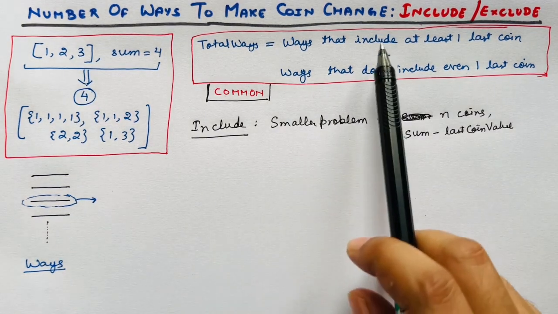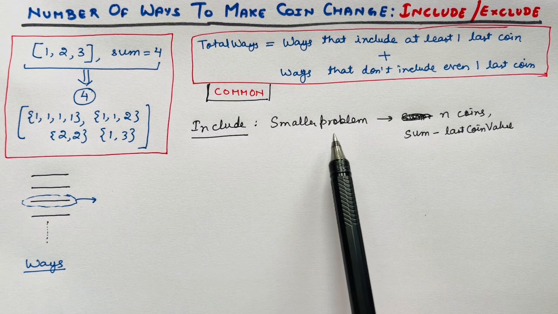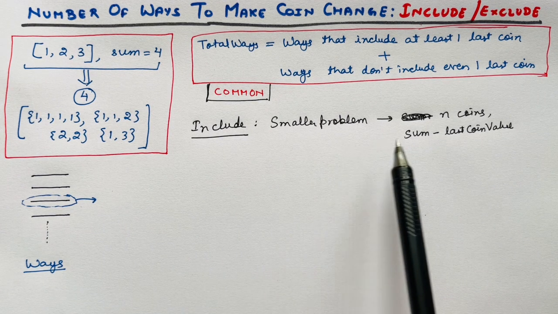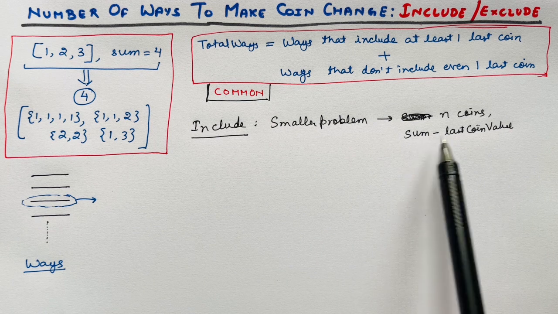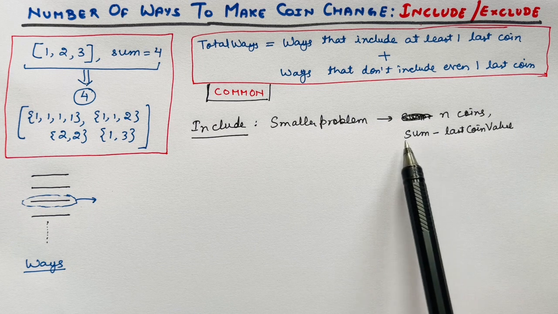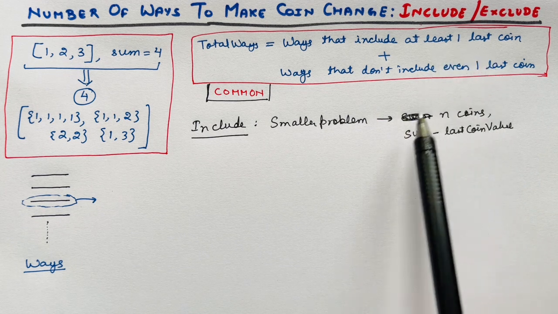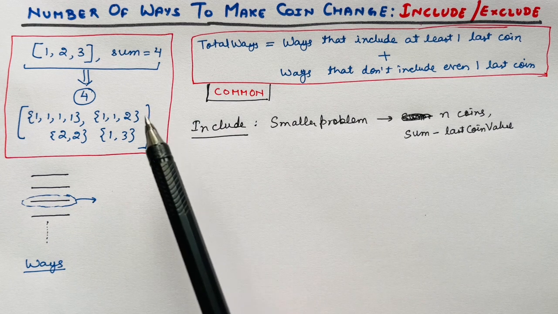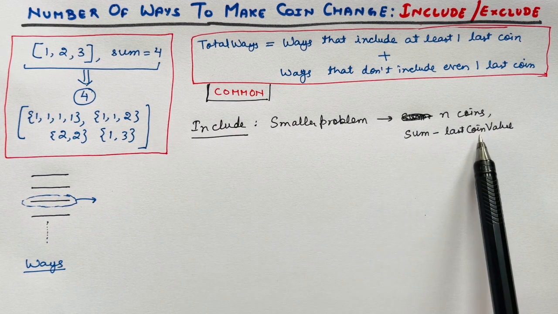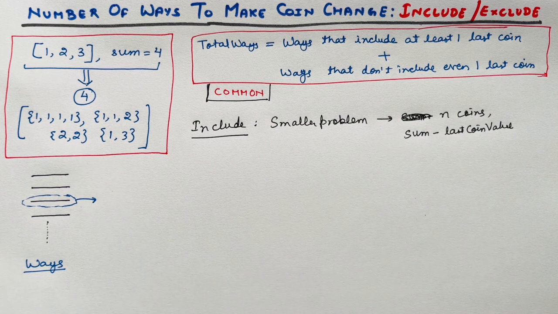Then when we are talking about the include part, our smaller problem gets reduced to forming the sum minus last coin value using n coins. Why do we say that? Because we have to include at least one last coin. Therefore, now the sum that we want to form is reduced and we can form this using all n coins that we have. Let's see what happens in the case of exclude.